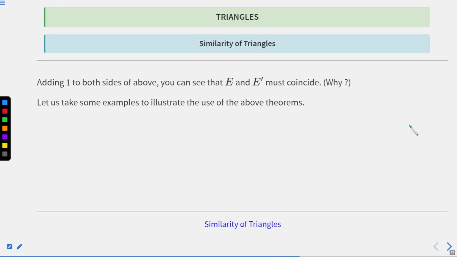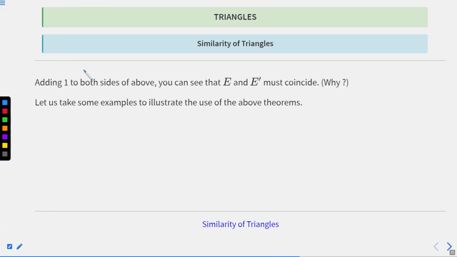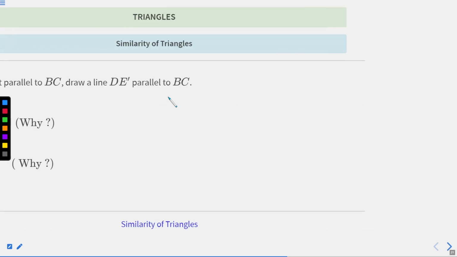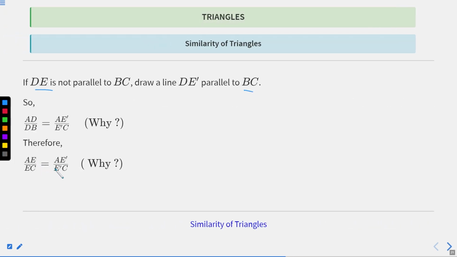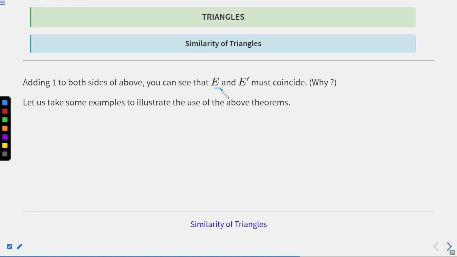Adding 1 to both sides of the above, we can see that E and E dash must coincide. So from the ratio AE over EC equal to AE dash over E dash C, the two points E and E dash must coincide.